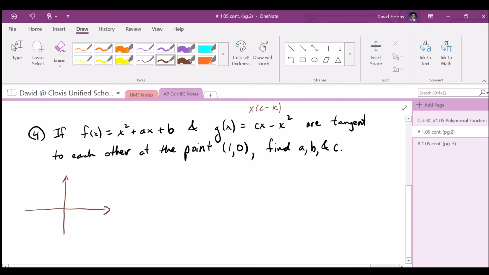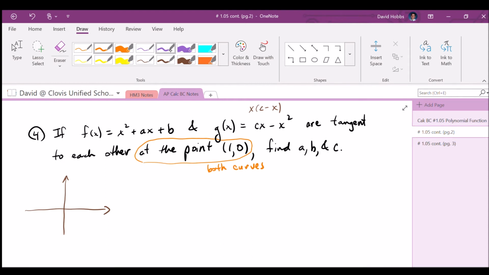And they're tangent to each other at the point 1, 0, which means that the point 1, 0 is on both curves. So g goes through the origin and it goes through 1, 0.